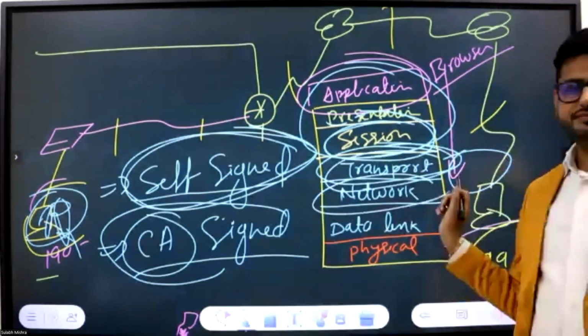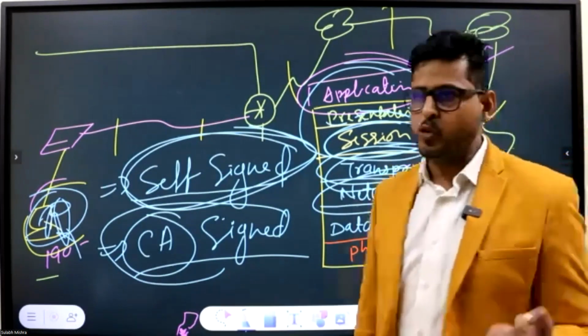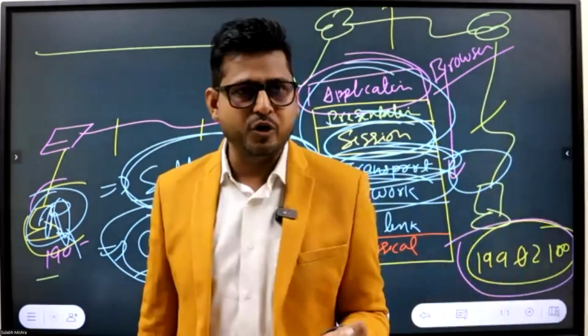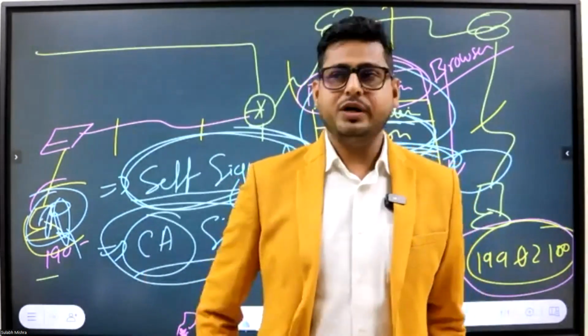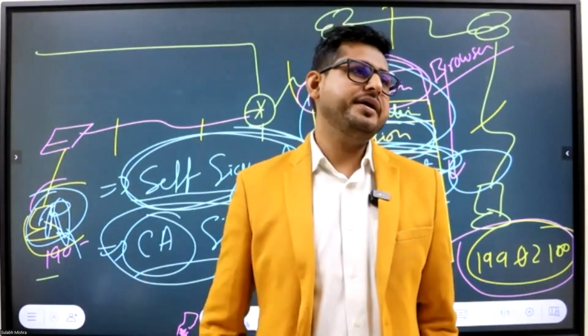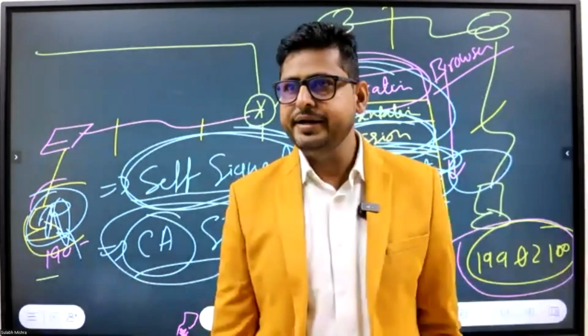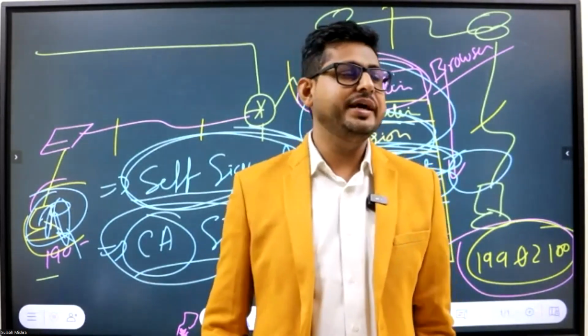Any device which understands port numbers, TCP and UDP protocols and port numbers, will work on the transport layer. Any device that understands port numbers and protocols will be called a transport layer device, means layer number 4.